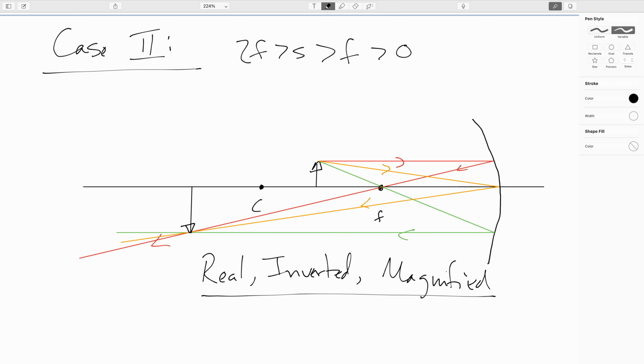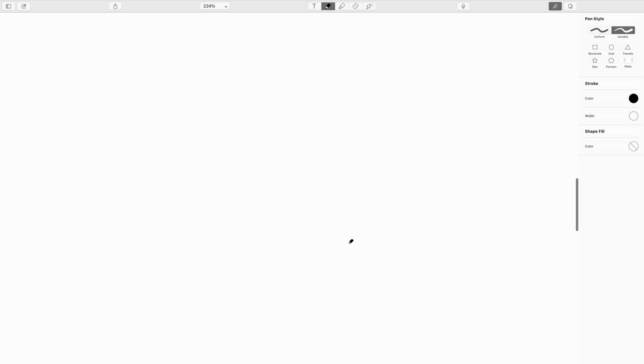So now let's go take a look at case 3. In a case 3 situation, again, we have a converging mirror, so that will mean its focal length is greater than 0 once we get to assigning numbers.